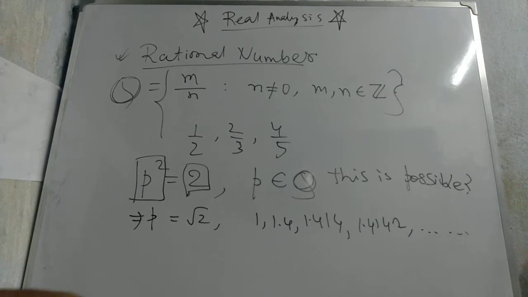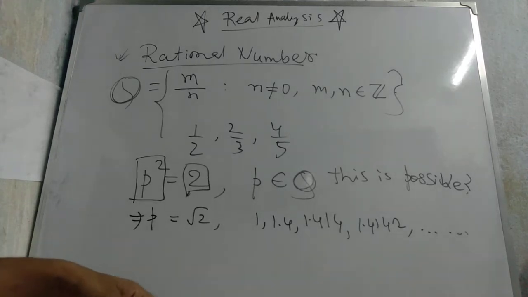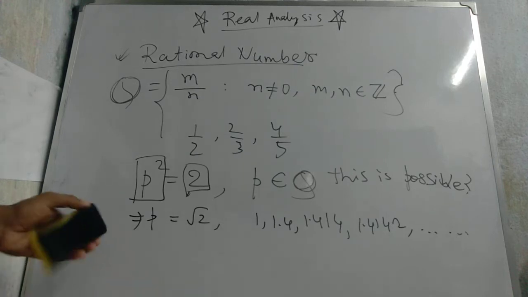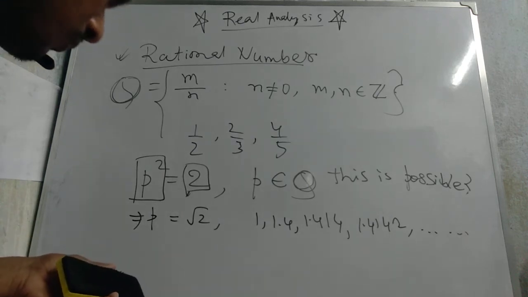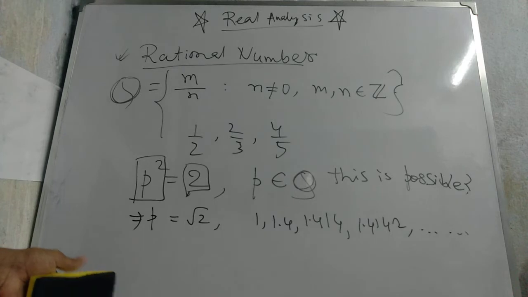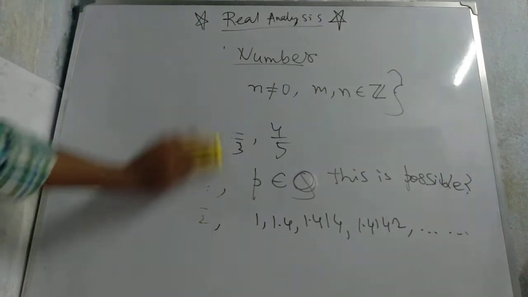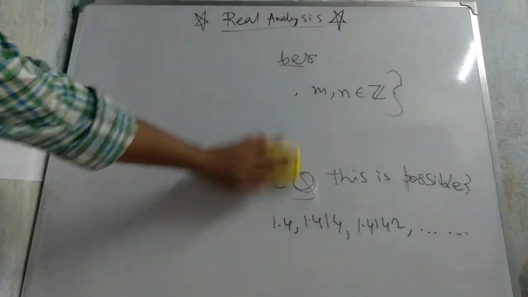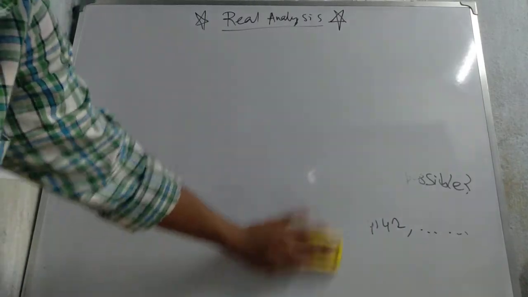Any irrational number is not exactly approximated by any rational number, but is close to rational numbers. So in this way we develop some portion, and now we discuss why p square equal to 2 does not have a rational solution.